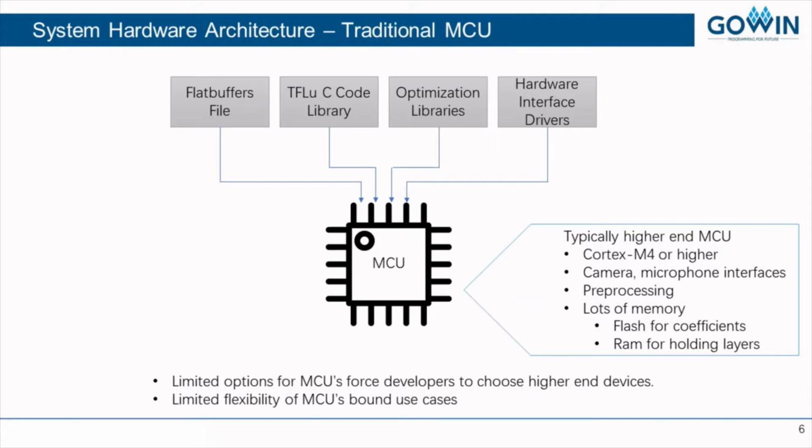And then the last thing is that just for machine learning alone, you need lots of memory. Memory is critical in machine learning applications. So you need quite a bit of flash to hold and store the coefficients. For something like MobileNet V1, you're normally looking at over 200K bytes of flash just for the coefficients, not including your code, and then RAM to store the layers. To store each layer of the model, it depends on the model.